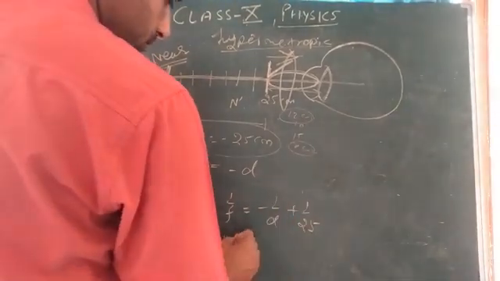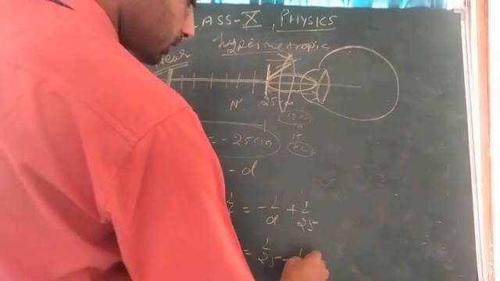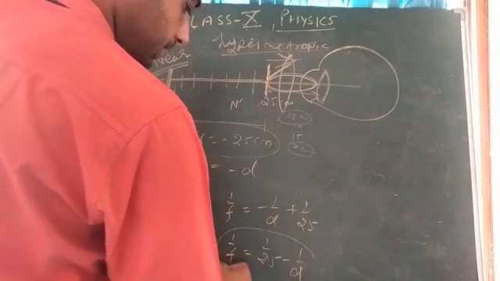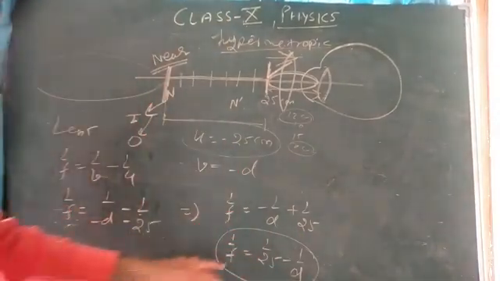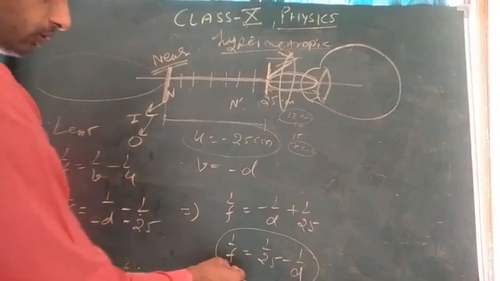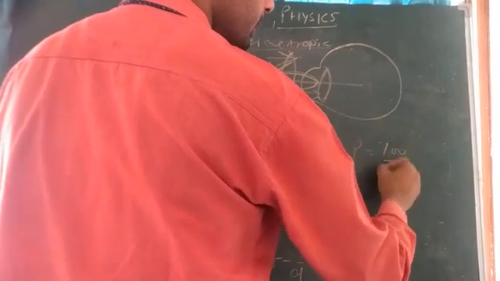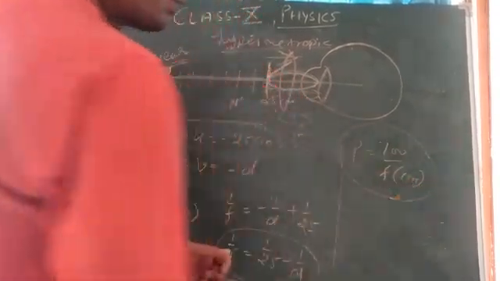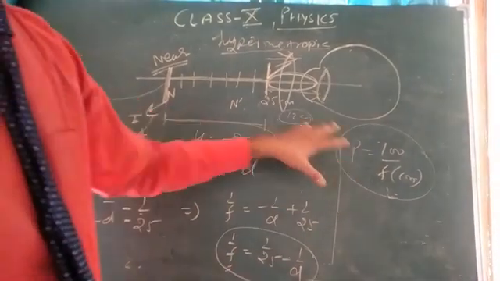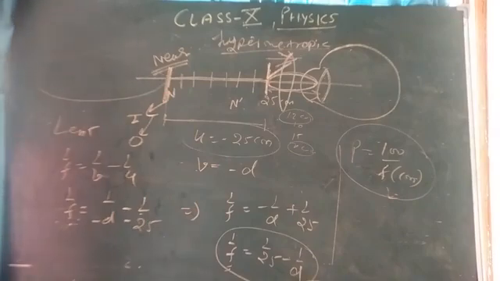Okay, so 1 upon f equals 1 upon 25 minus 1 upon d. So d is given in the question, and by using this formula you can find the focal length, and as you know P is equal to 100 upon f, with f in centimeter. By using this formula, you can find the power of this convex lens. Okay, I hope you understand about this formula.